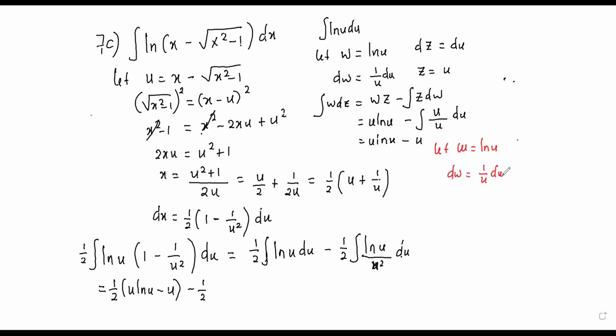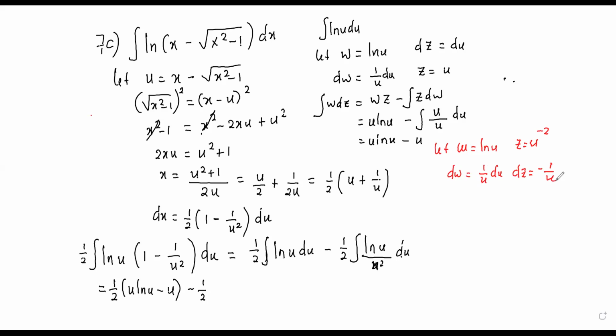And then let z, this time around, be u to the minus 2, so that dz becomes, when you add the 1, negative 1 over u, like that.